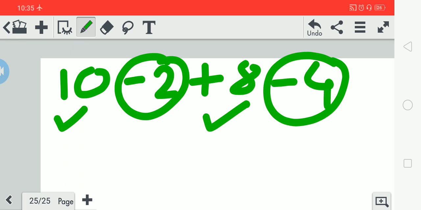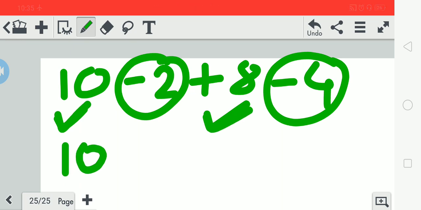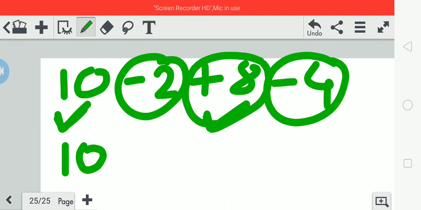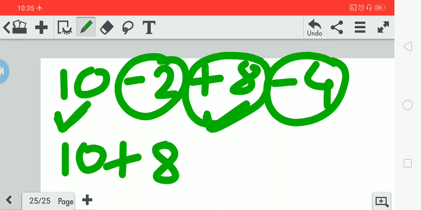To solve this kind of example, we will group the numbers in two groups, positive numbers one side, negative numbers one side. So positive numbers are 10 and 8. These are the positive numbers.